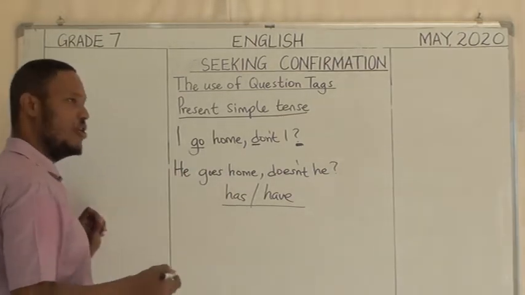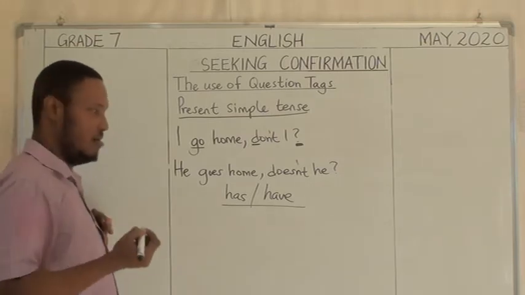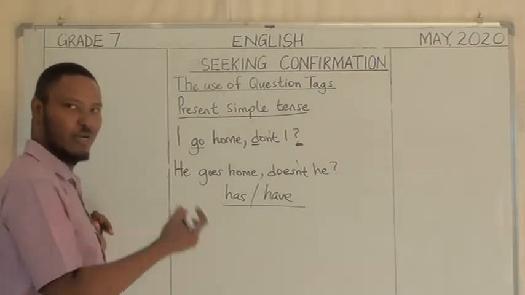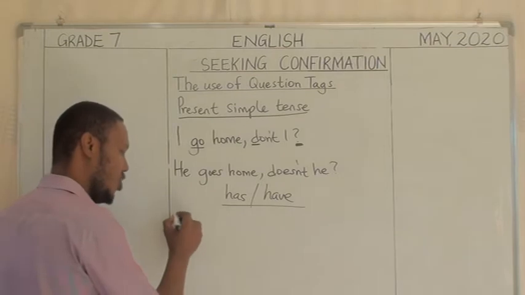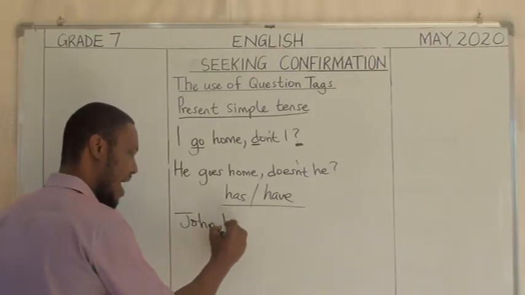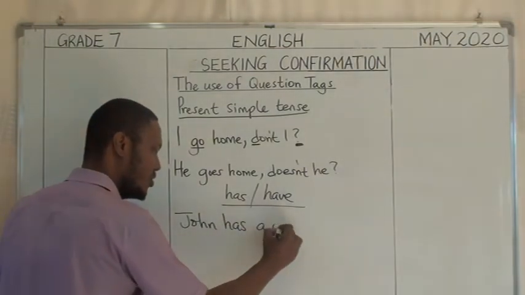So when you want to show that someone has something or something belongs to someone, you can say, John has a watch.